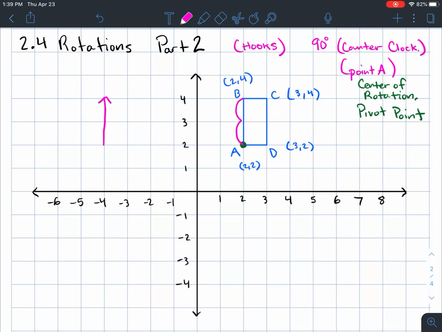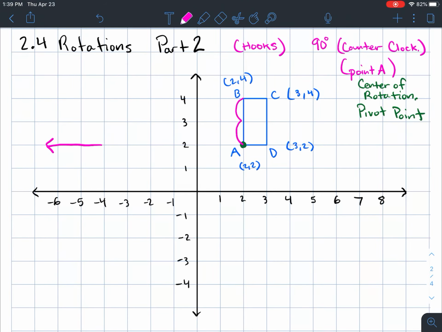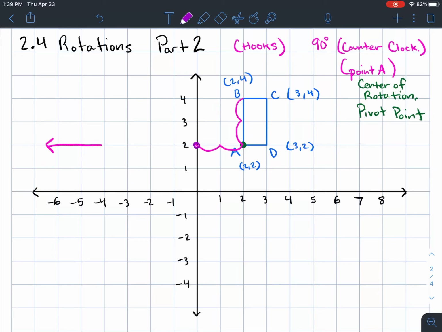If we're doing a 90-degree counterclockwise rotation, we know that it should end up being 2 units west of A, 2 units to the left of A. So instead of it going 2 units up, it should go 2 units here. So in purple, this is going to be my new location for B.